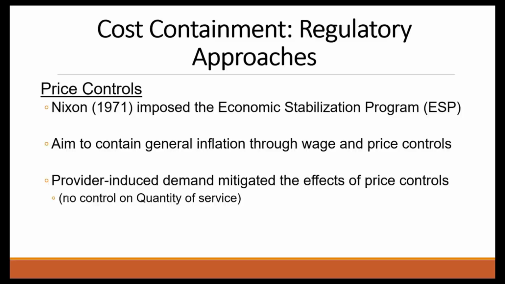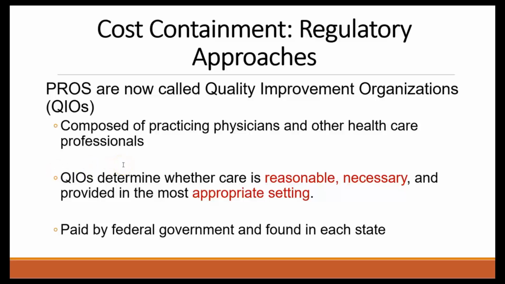So now that we touched on price controls, I did want to briefly go over the role of quality improvement organizations in cost containment. So I'm going to be jumping to slide 42, and here we are. Now, peer review organizations emphasize control of utilization.